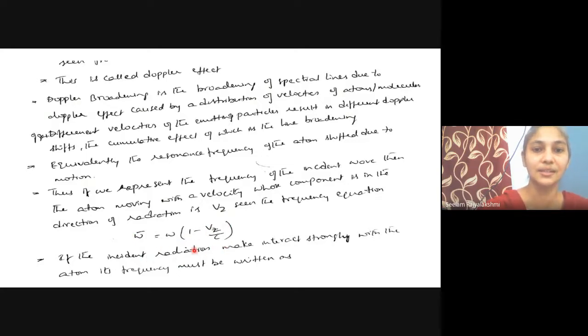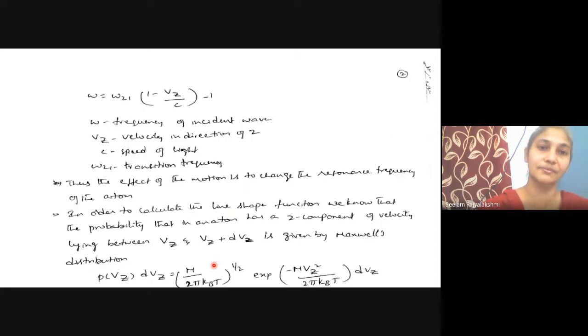If the incident radiation interacts strongly with the atom, its frequency must be written as omega equals omega 21 times (1 minus Vz by c) whole power minus 1.